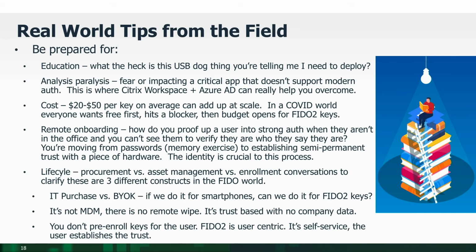The second thing that I've seen around this is analysis paralysis, the fear of impacting a critical application that does not support modern authentication. This is actually where Citrix Workspace and Azure AD can really help you overcome, because if you have a 30-year-old Windows application running in your organization, or the latest and greatest brand new application that came out last week, you can deliver that through Citrix.